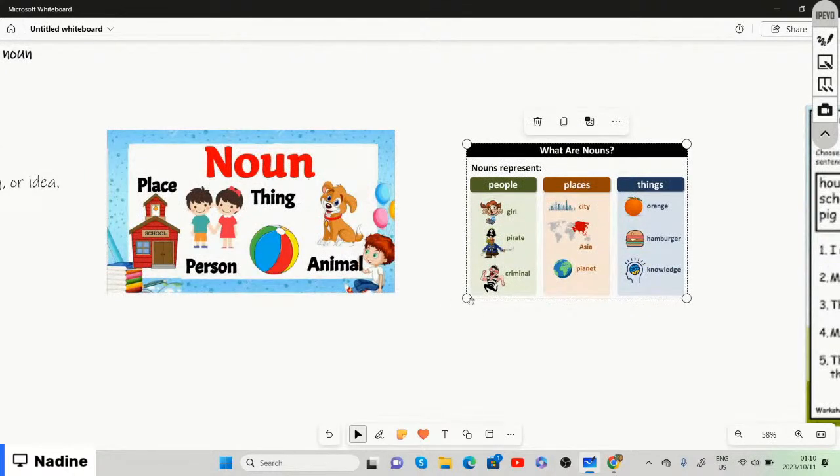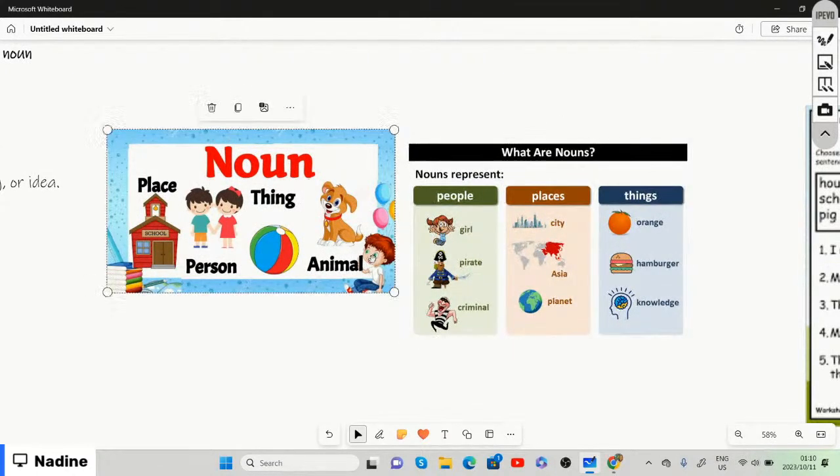So basically, what are nouns? We said that it names a person, a place, things, or even ideas.